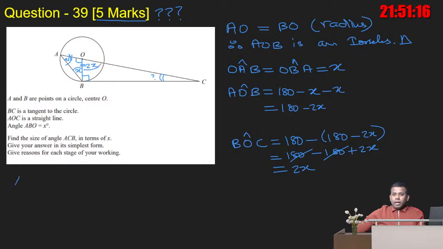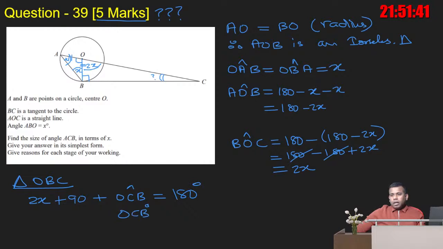Now in triangle OBC, right? In triangle OBC, 2x plus 90 degrees plus OCB, sorry, my writing, OCB equal 180. So therefore OCB equal 180 minus 90 minus 2x.